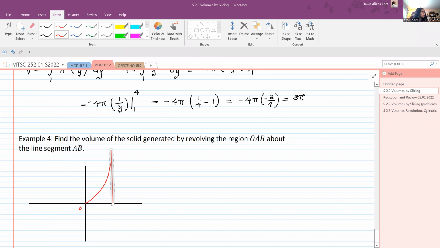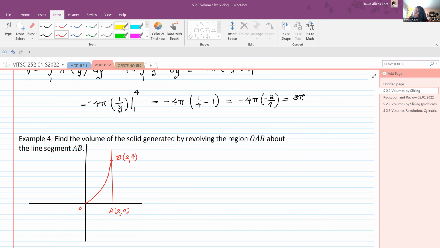So here's my line, and this is the point A, and it is the point (2, 0). And this point right here is B, and it is the point (2, 4).